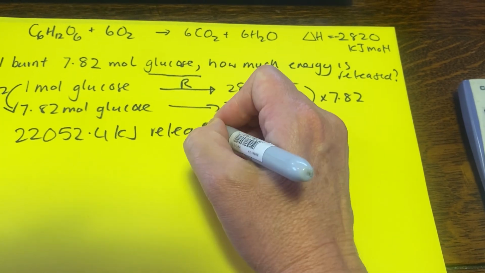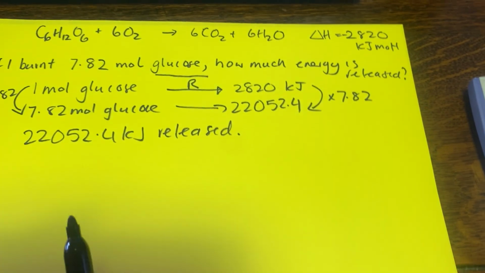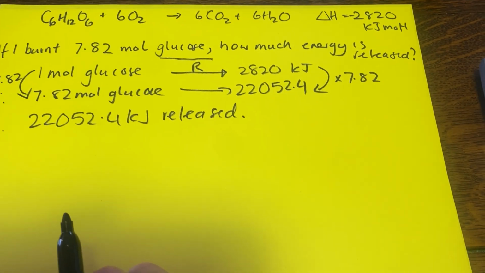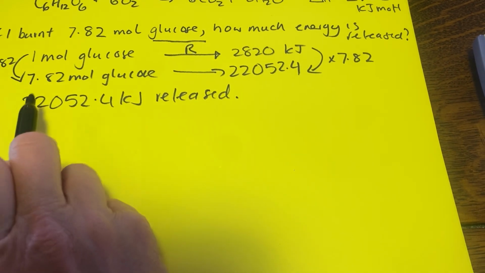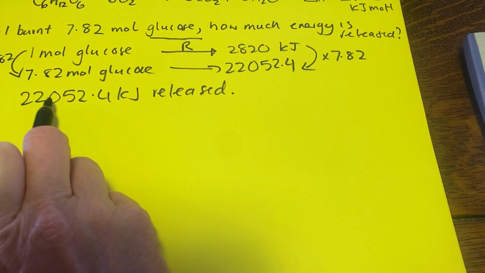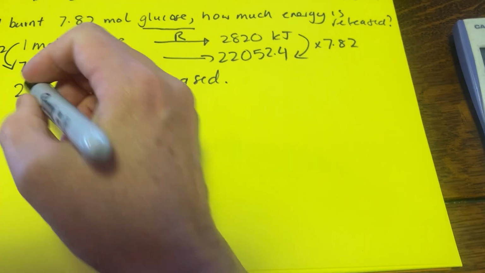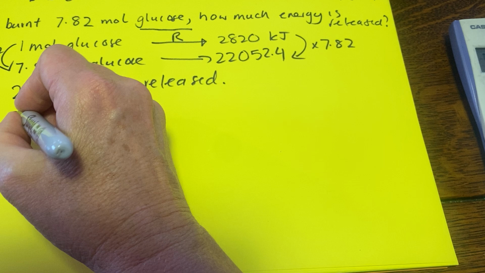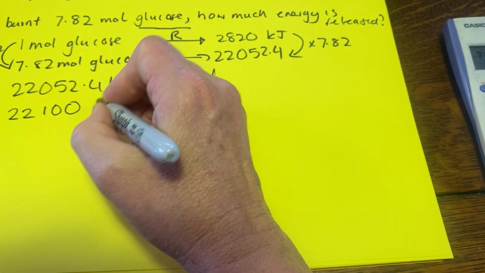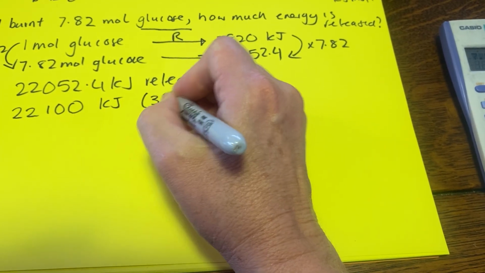And even though this is not an excellence question, I'm going to practice rounding this to 3 significant figures. So we start here, 1, 2, 3. And because that's a 5, we're going to round that up. So I'm going to go 22,100 kilojoules to 3 significant figures.